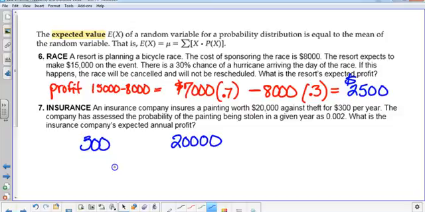If it were to get stolen, what would the company make? Negative $20,000. They'd have to pay for the painting. Okay, what's the probability they get negative 20,000? What's the probability that they just get to keep the $300 that people gave them? 0.998, right? Okay, so multiply those out, and what do you get?